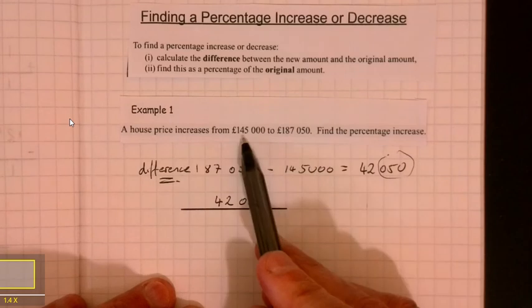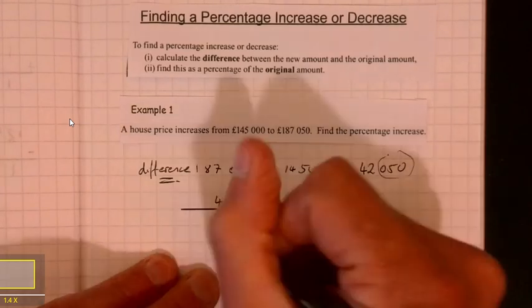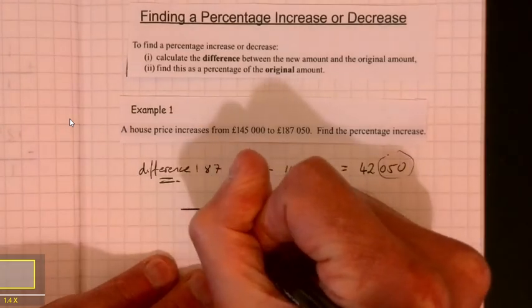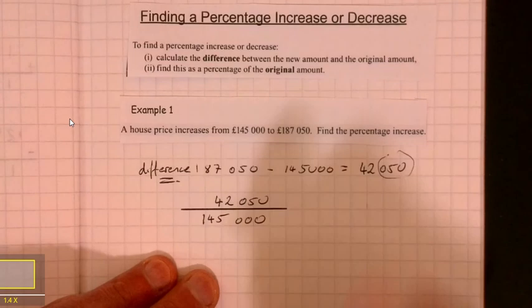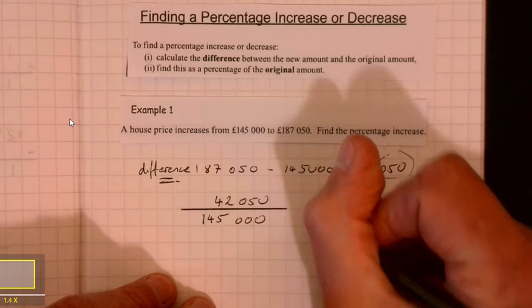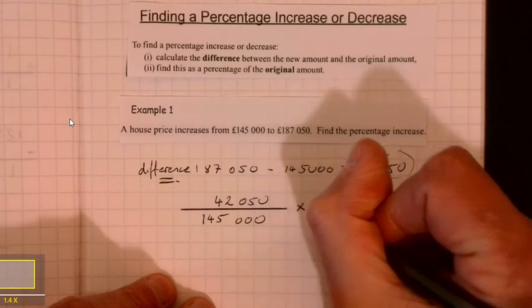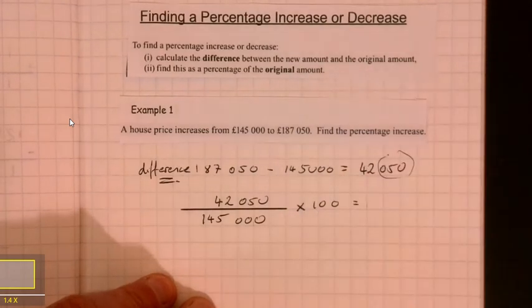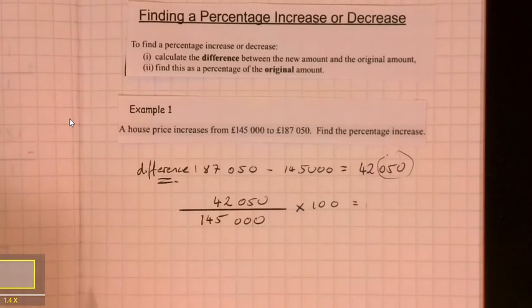It's a percentage increase from this number. That will give me how much it's increased as a fraction, but I want that as a percentage increase, so all we've got to do is multiply that by 100. There you go, and that will work it out for us.